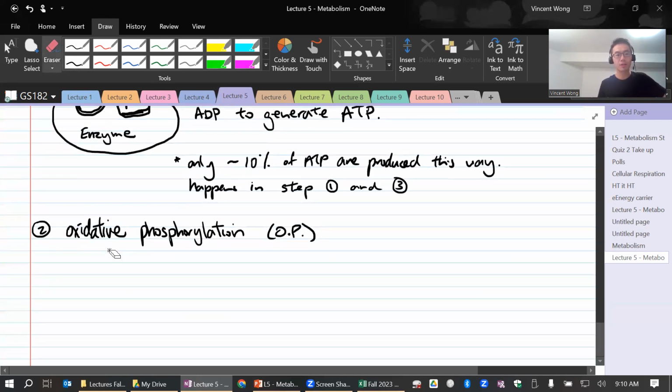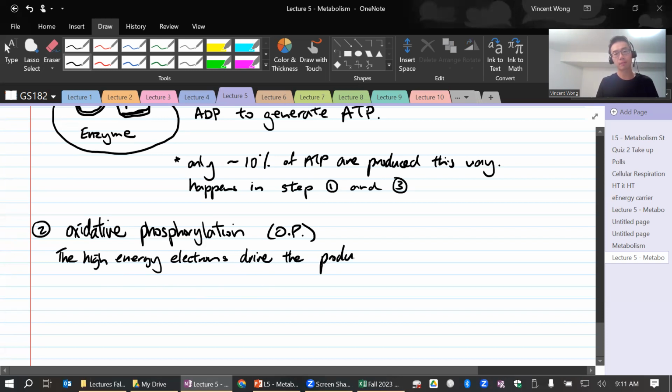In oxidative phosphorylation, basically, the high energy electrons that were captured by NAD and FADH2 and delivered to the last step drive the production of ATP.